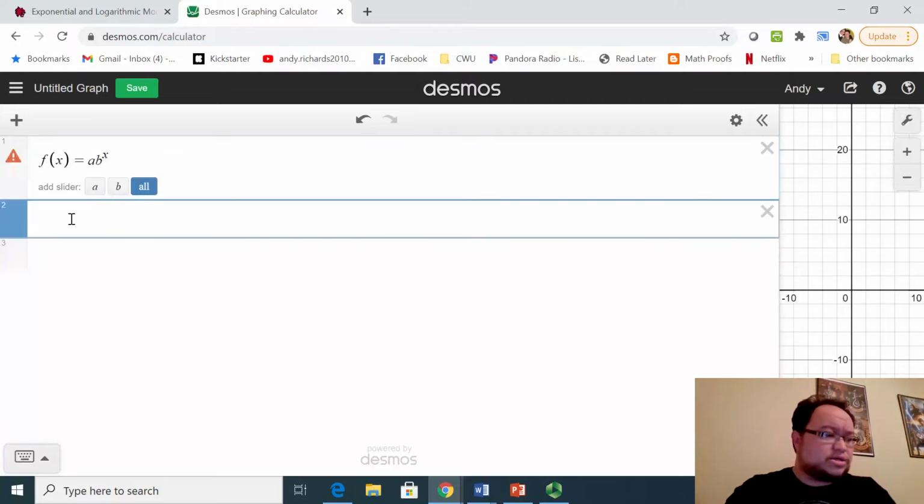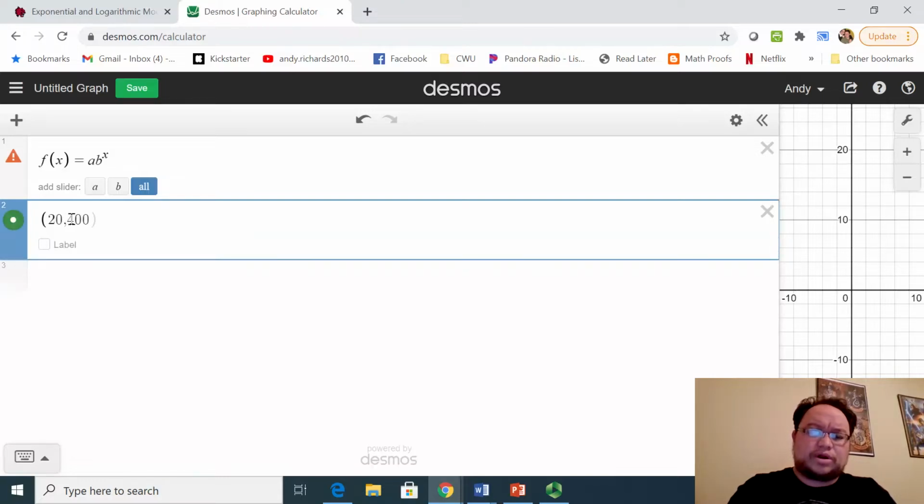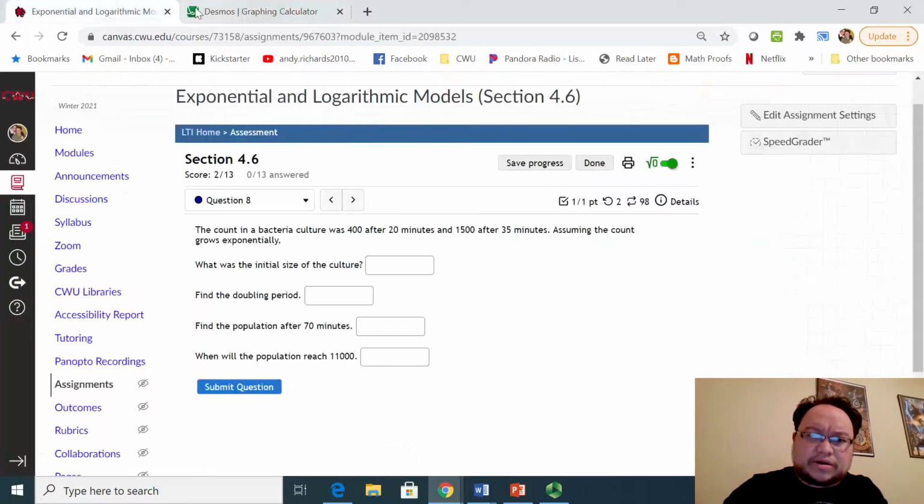So for example, when it says after 20 minutes there's 400 bacteria cultures in there, that's what it means when x is 20. Our result, our f of x, is 400.